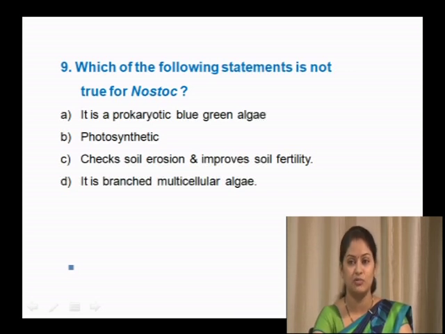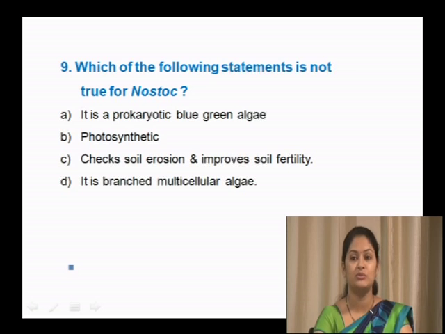Yes, it is blue-green algae. It has got photosynthetic lamellae with specific pigments, and this is the first organism to carry out oxygenic photosynthesis. That is, the photosynthesis reaction releasing oxygen as the byproduct. C, it checks soil erosion and improves soil fertility.